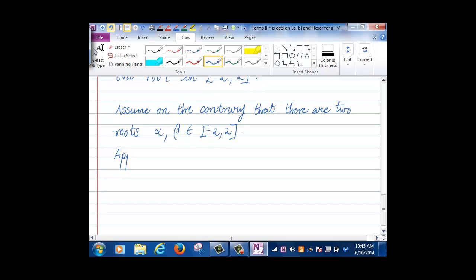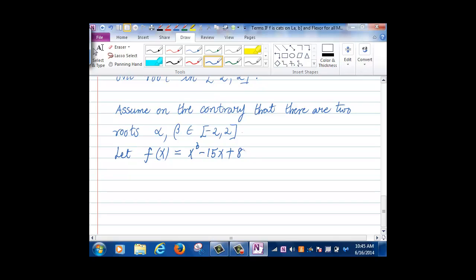If you don't mind, let me write something here. Let f of x be the left-hand side of the equation, x cubed minus 15x plus 8.